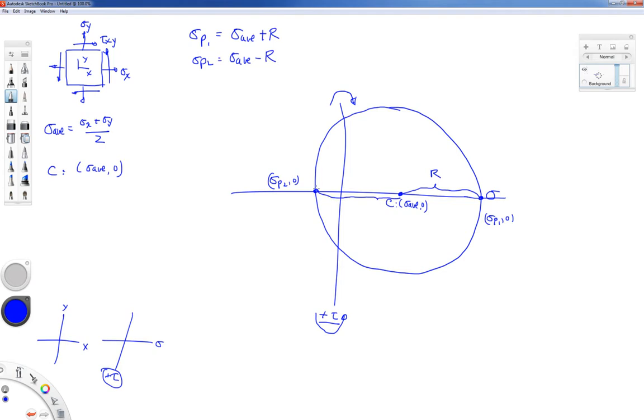The way all of these points that lie on the circle work is that the first coordinate in this pair is the normal stress, and the second value is the shear stress. Now remember when we talked about the equations that we derived for the maximum principal stress state, we said that we had 0 shearing stress in the principal stress directions.